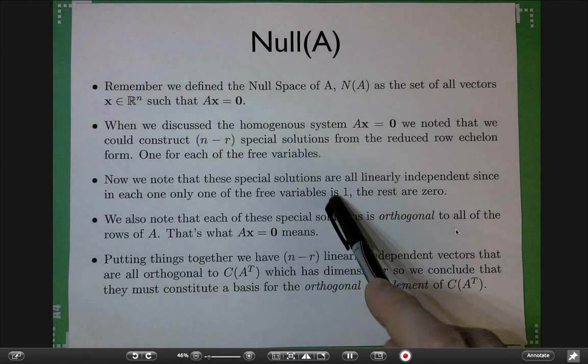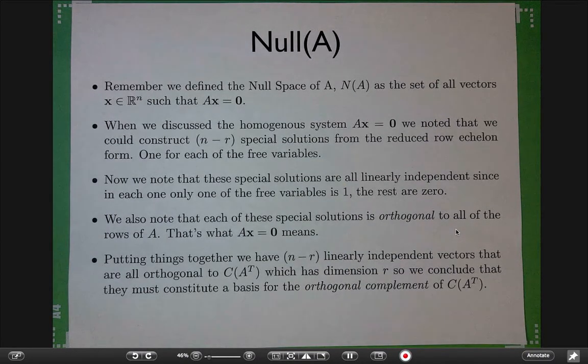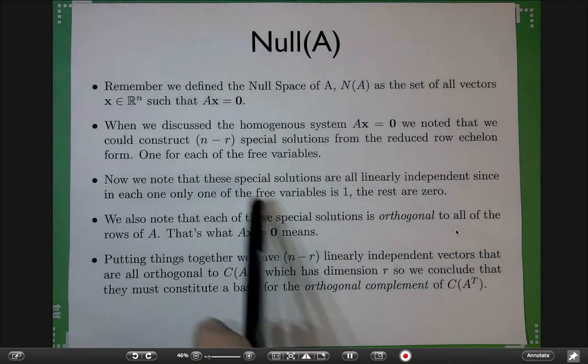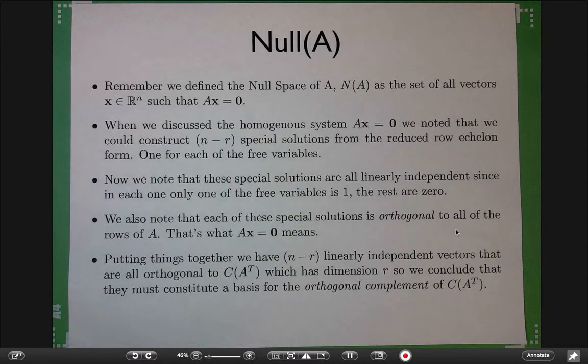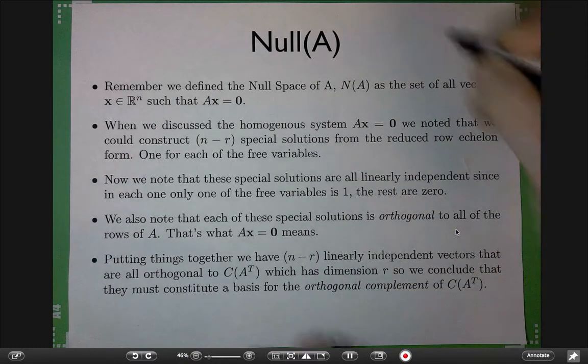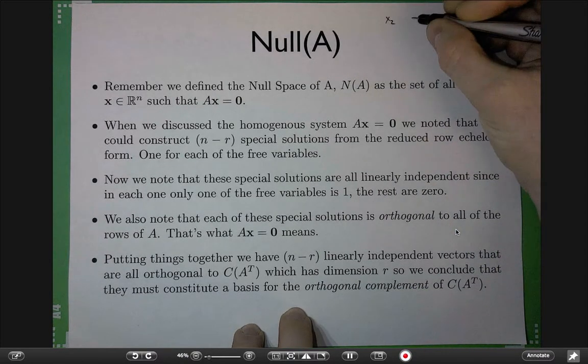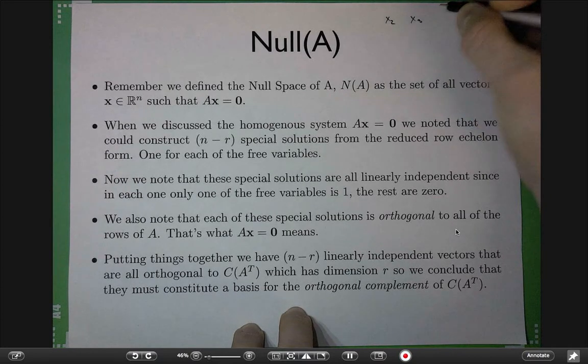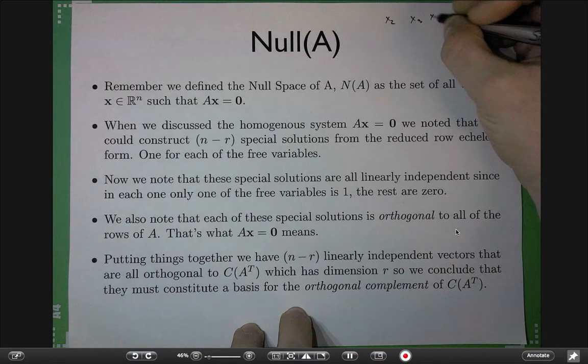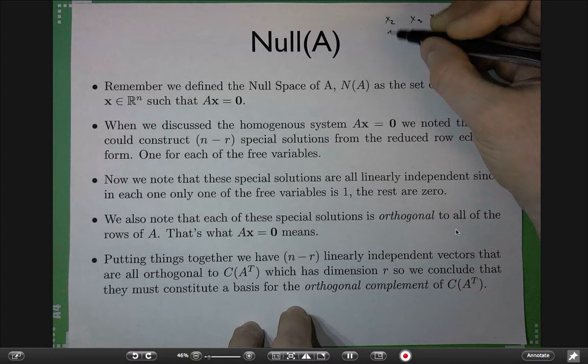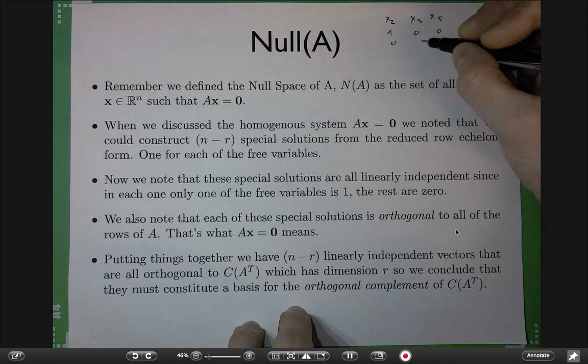Again, why is it that the special solutions are linearly independent? That's because of how we are picking them, right? I will show it on an example. The point being, let me just explain it here. If I have my free variables like x2, x3, and x5, for example, then the first choice is this, the second choice is this, and the third choice is this, right?